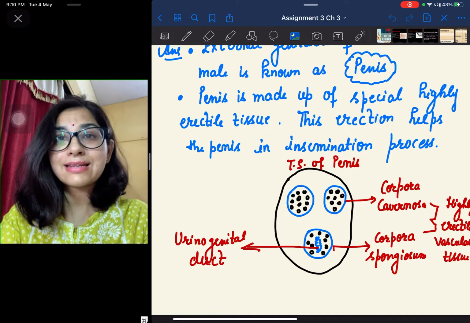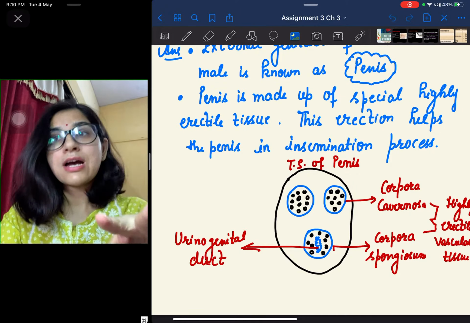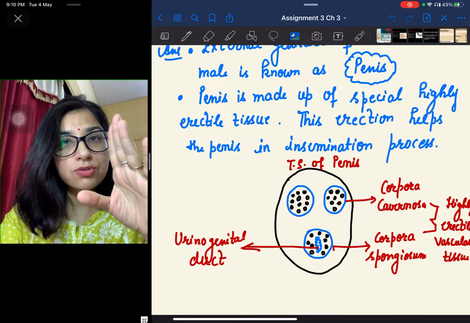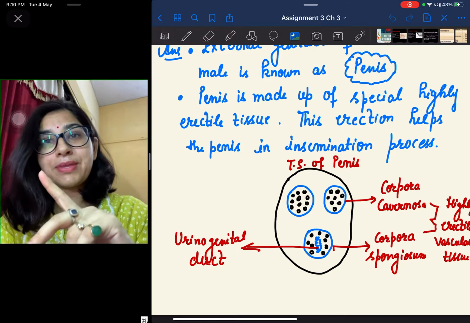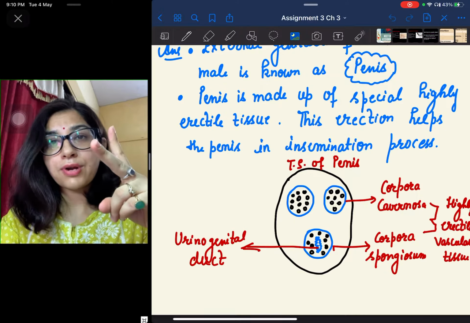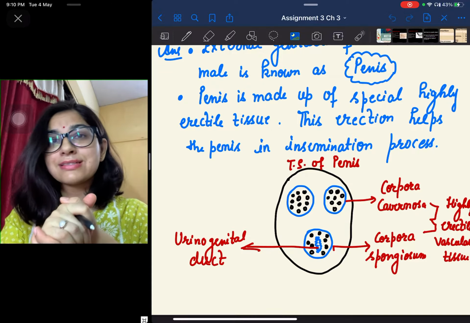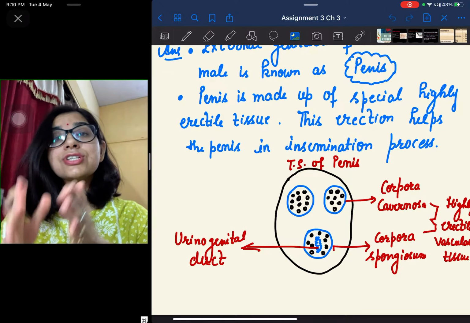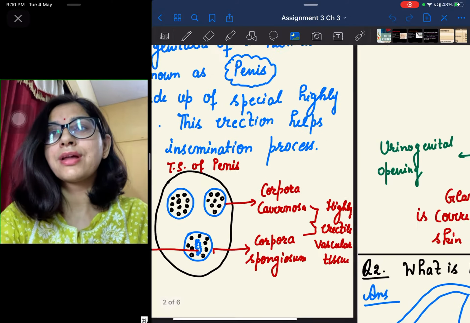And what is that erectile tissue made up of? It is made up of two things. What is your corpora cavernosa and what is your corpus spongiosum, right? You know there are two corpora cavernosa and a spongiosum through which the urinogenital duct is passing, which is making up your highly erectile tissue in the penis.